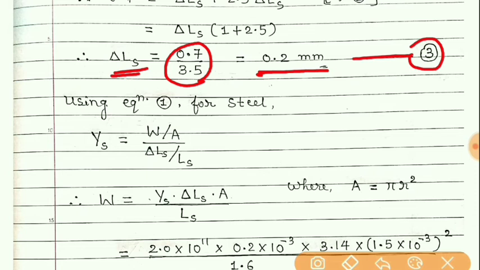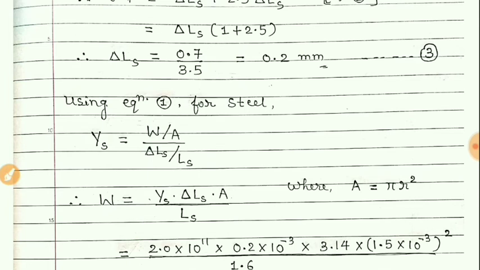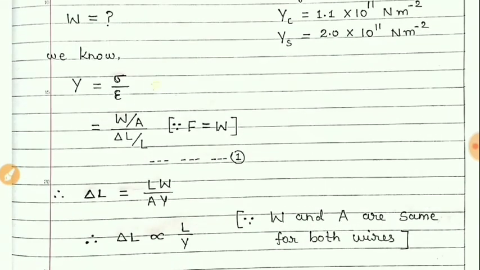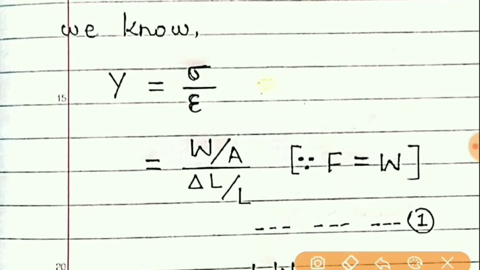Students, remember our aim is to find W. So all this we are doing finally to obtain W only. Now from equation number 1, we can write this equation for the steel wire also, or for the copper wire also. If we want to write this equation for the steel wire, then we have to write Y for steel.